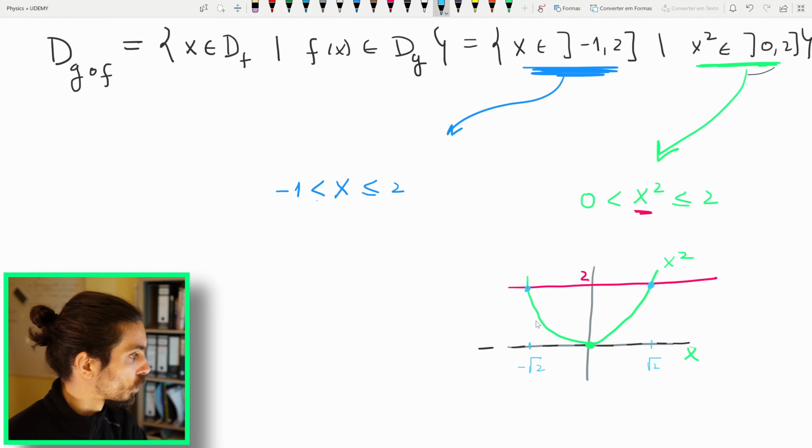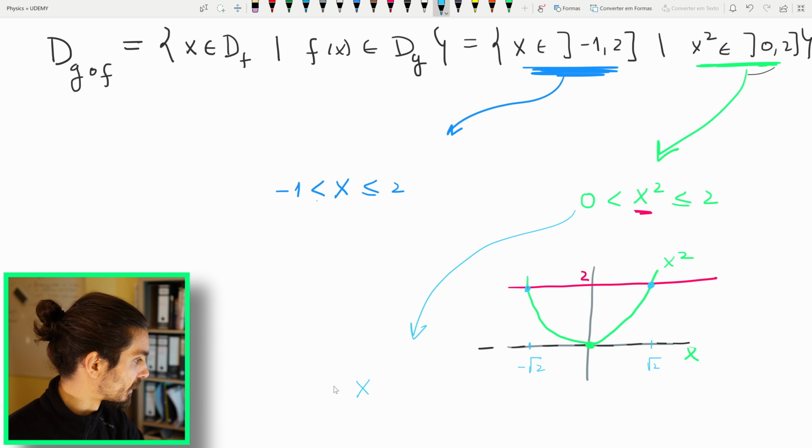The only thing that is left is to exclude x equals 0, because x equals 0 is mapped into 0. So the simplification of this statement is, let me draw this arrow, all those x's which are between minus square root of 2 and square root of 2, and x is different from 0.